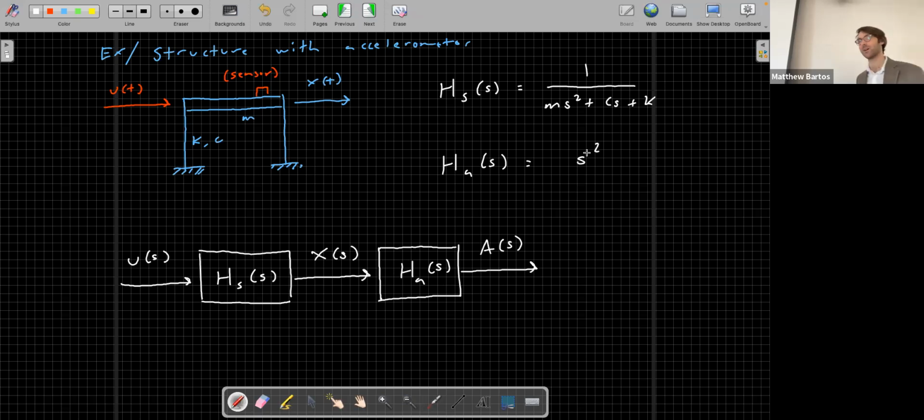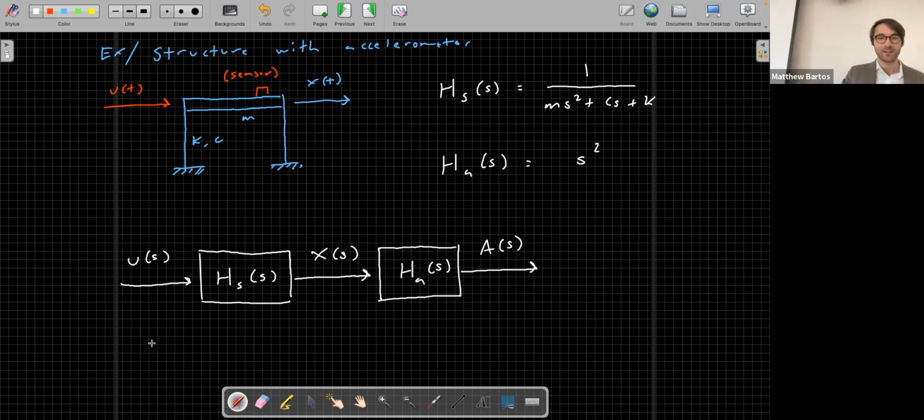What would 1 over s squared be? 1 over s squared would represent integrating it twice, right? If you multiply something by s in the frequency domain, that differentiates it in the time domain. If you multiply by 1 over s, that integrates it in the time domain.